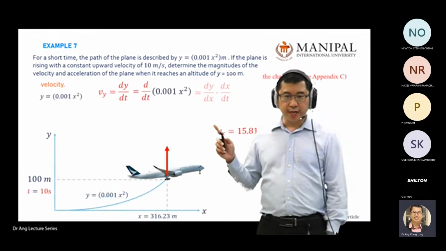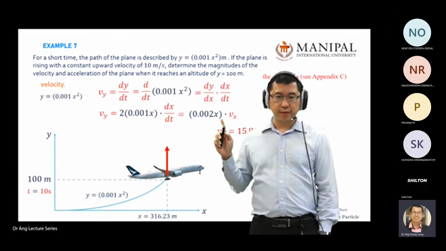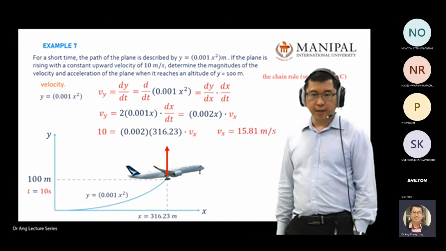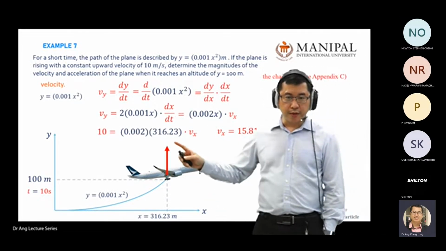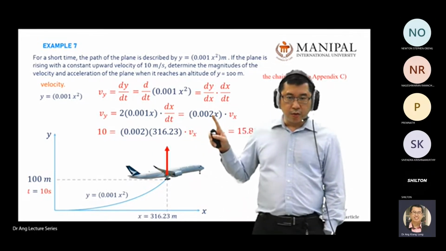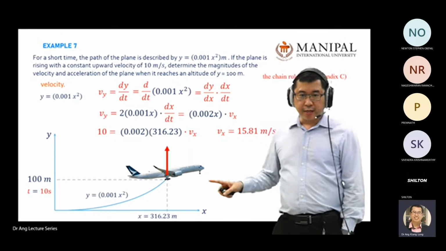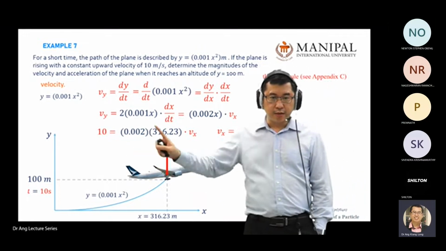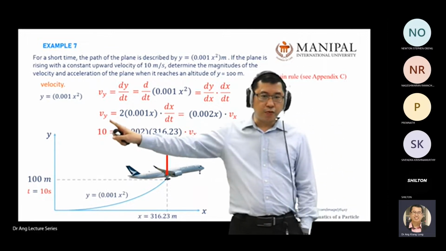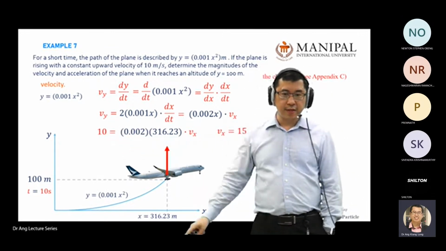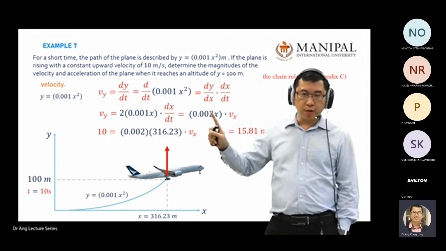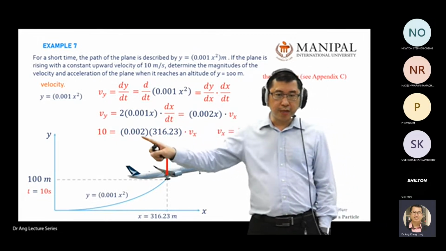So I continue with Vx. You know your x at 10 seconds, right? So you continue substituting values. Vy is 10, 0.02 copy.